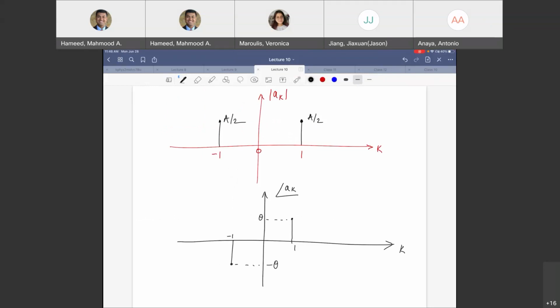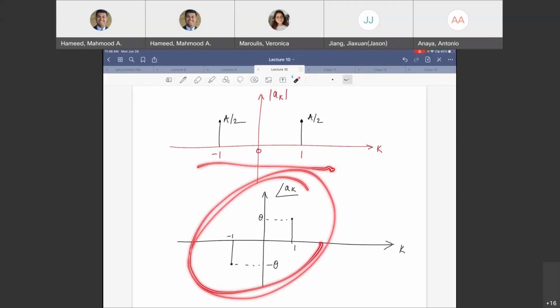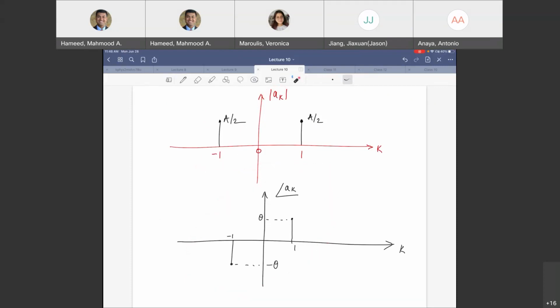For a signal that is real and even, the magnitude of the Fourier series coefficients is even, and the phase of the coefficients is odd. You start seeing symmetry in those, right? So there will be symmetry properties for the Fourier series coefficients. Over here, for the magnitude, it's even.